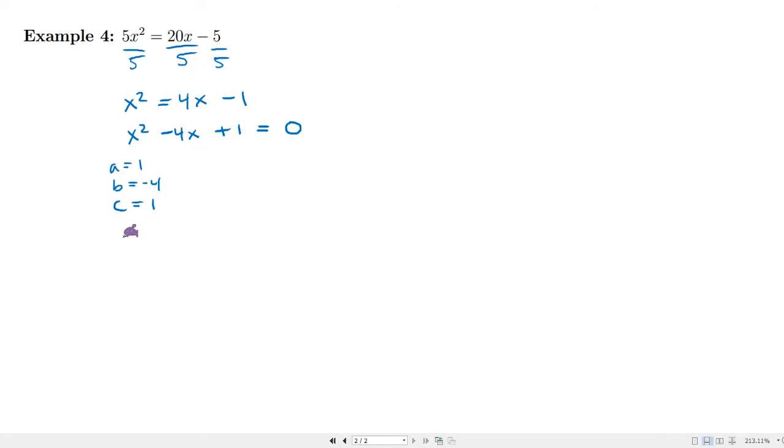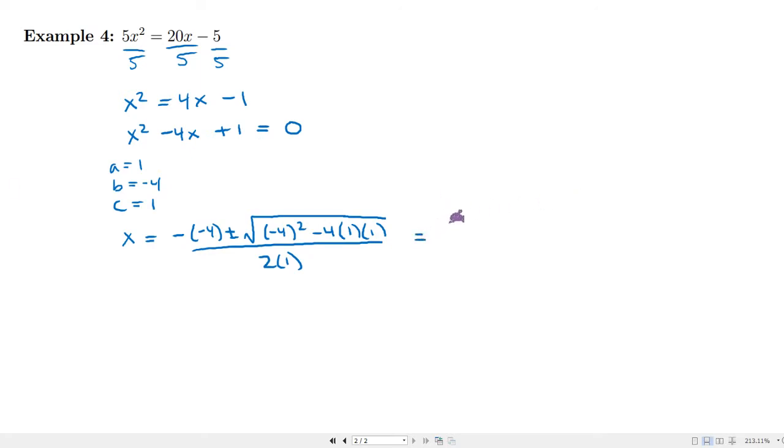And then now the quadratic formula, x is -b plus or minus the square root of b squared minus 4ac all over 2a. Okay, so this is 4 plus or minus the square root of what?